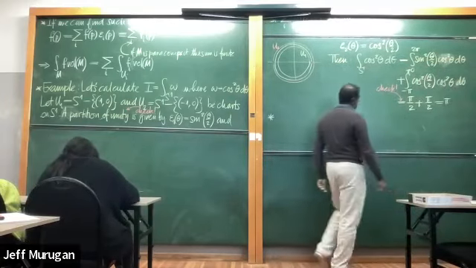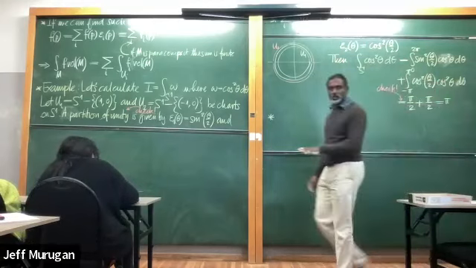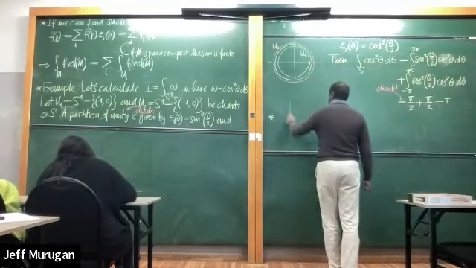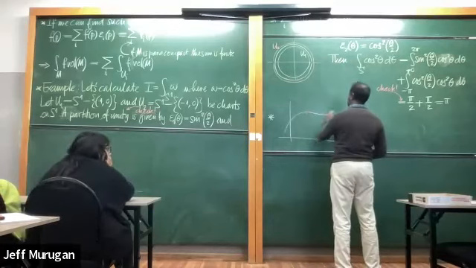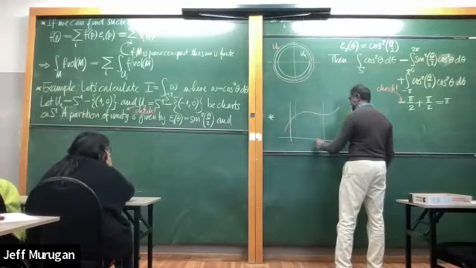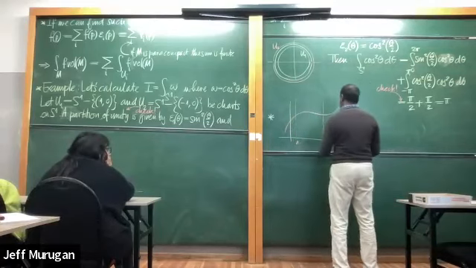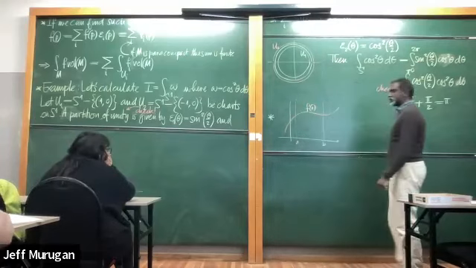When you first learned about integration, you had an interpretation of the integral as the area under the curve. I gave you some curves like this and said calculate the integral from a to b of this function f of x dx.